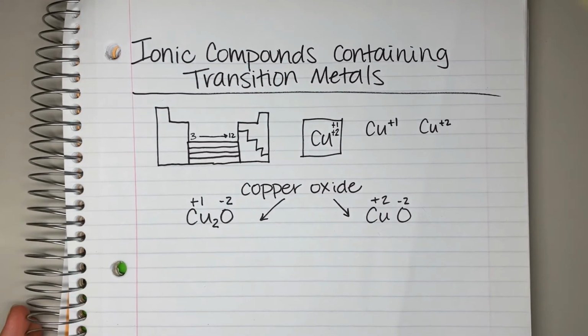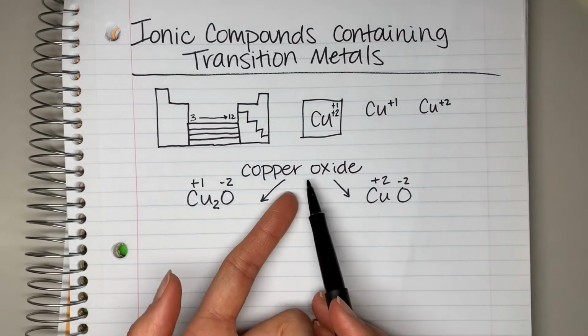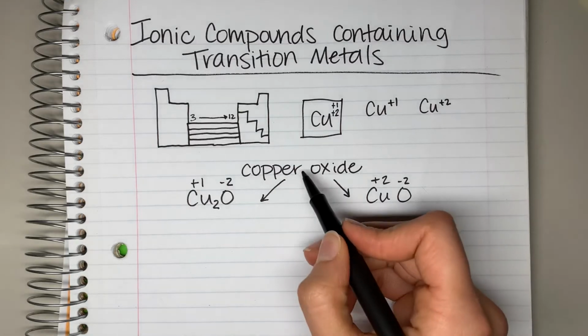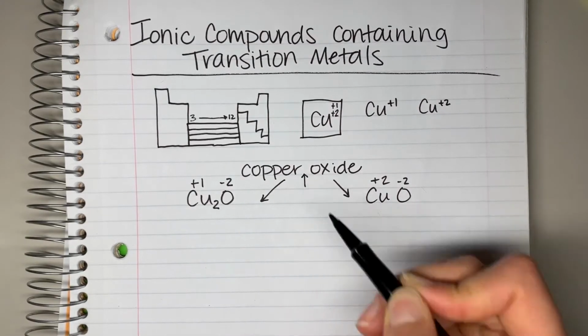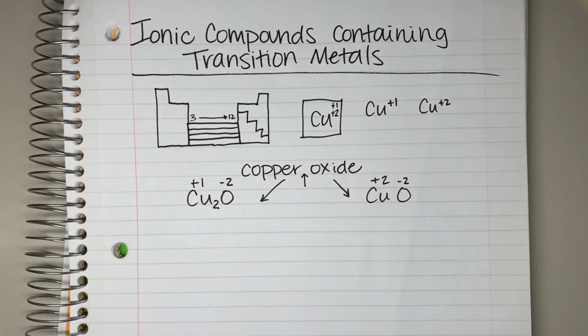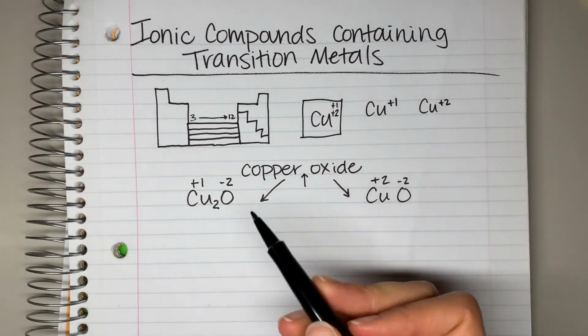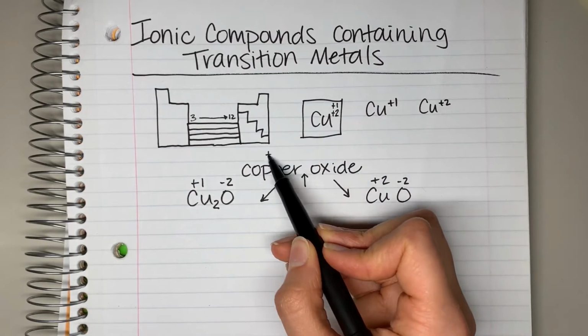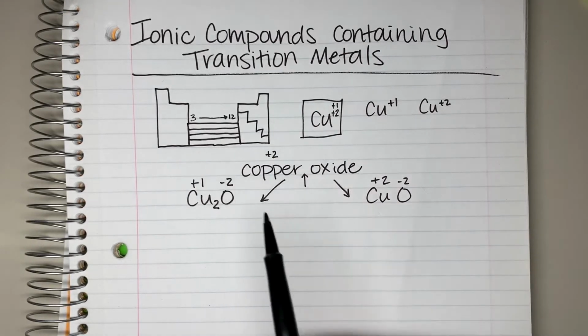So what we do to specify in the name of a compound containing a transition metal is we use something called Roman numerals. We put Roman numerals after the metal to state the charge of that metal. So for instance, let's say we were trying to refer to copper with the +2 in this compound.